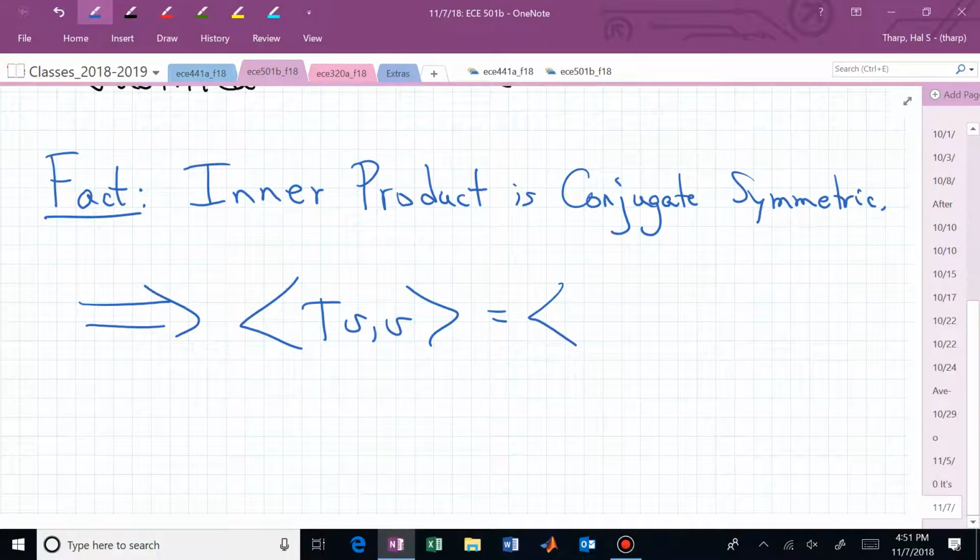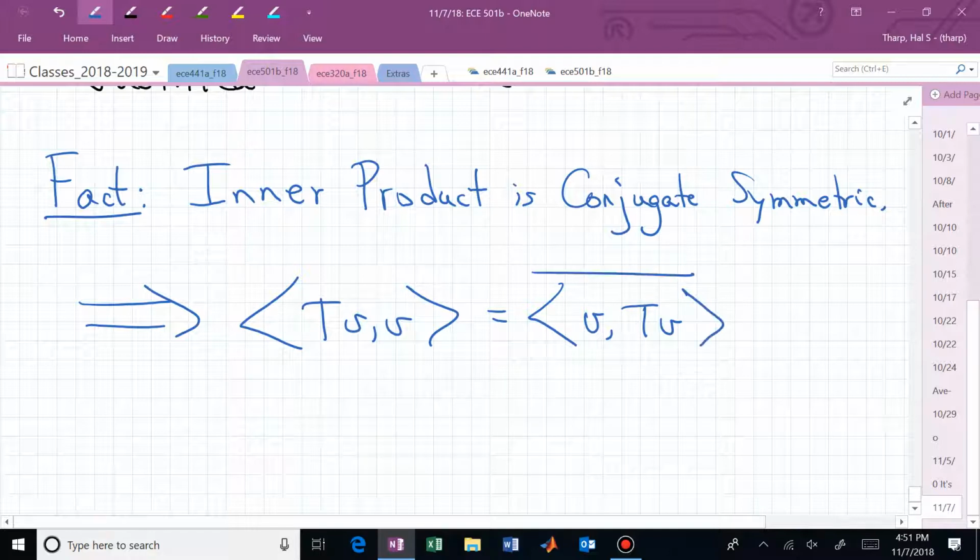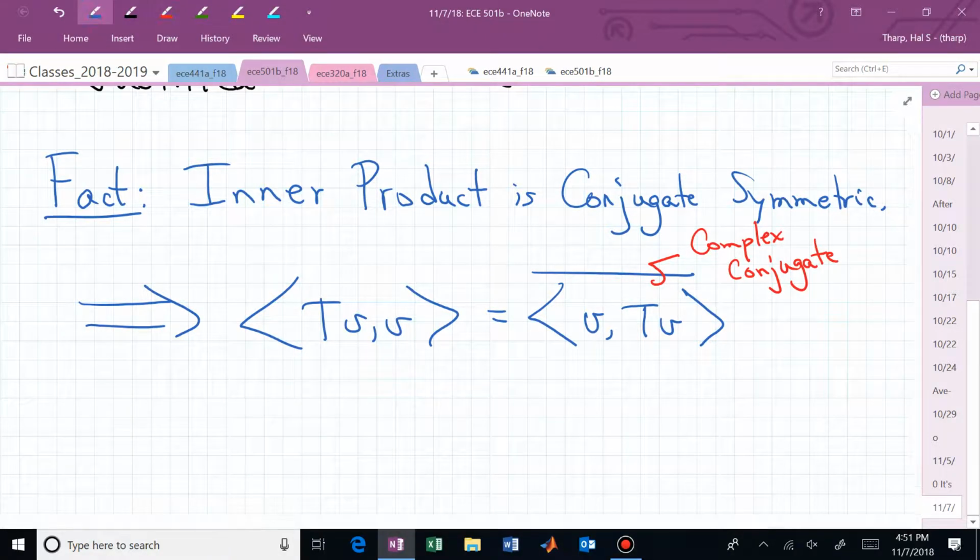This is our definition of conjugate symmetry. I've switched the order of my vectors in the slots, and now I'm applying the complex conjugate operation, that overbar, just for this note.